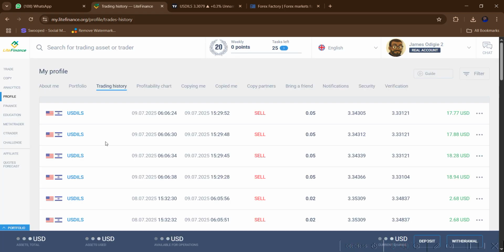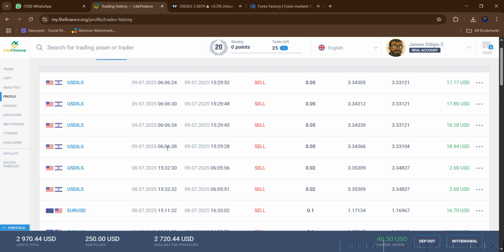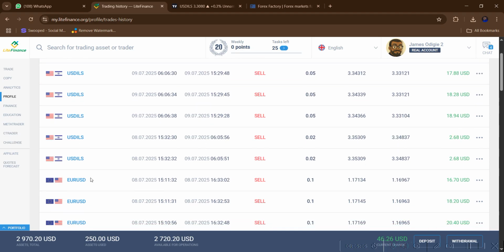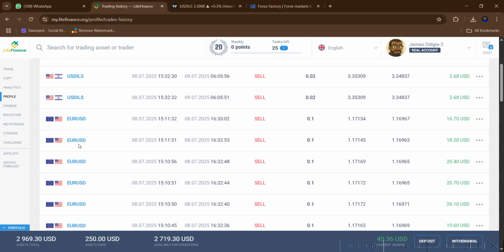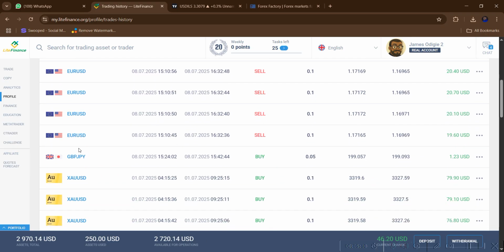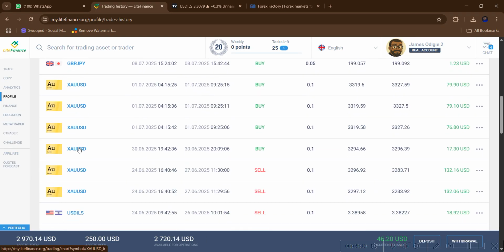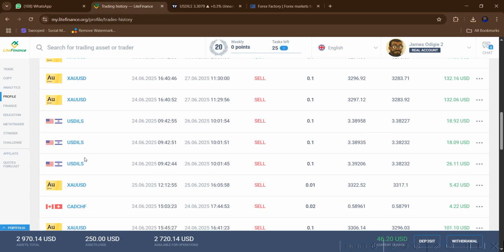So far, like I said, I've been recently trading on USD ILS. This is it. This was yesterday. I traded USD ILS, and this was my profit, as you can see on the chart. I also made some profit on Euro USD and some profit on gold too, but the focus is the USD ILS.